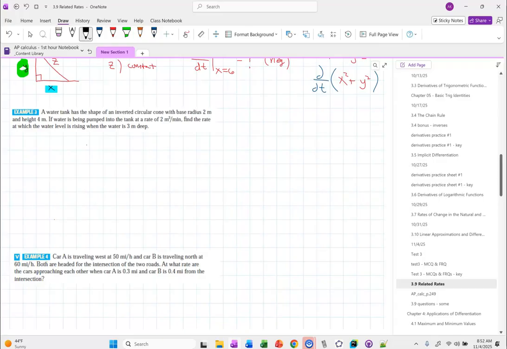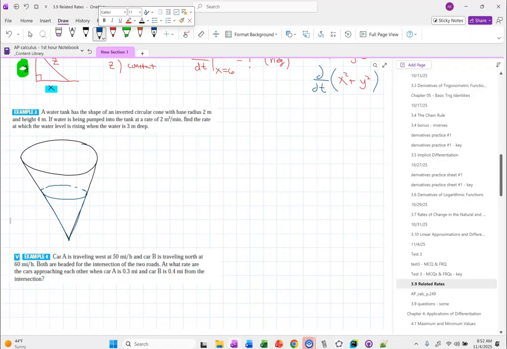So we'll start with a picture. So there's my cone. And inside my cone, I'm going to have a second cone of water. Everybody okay with that?